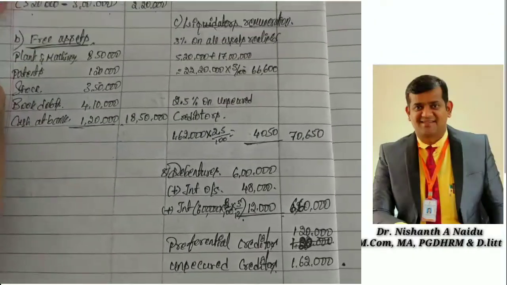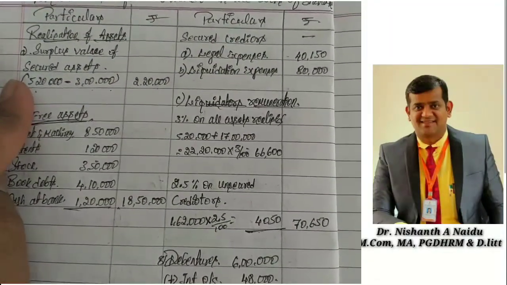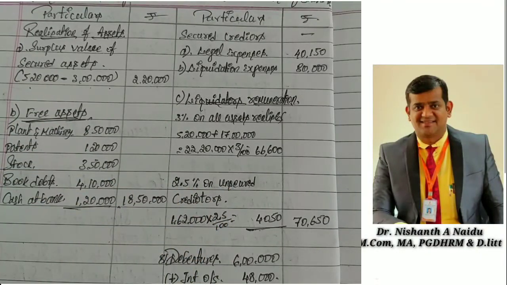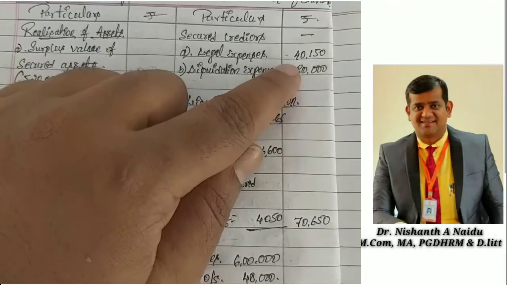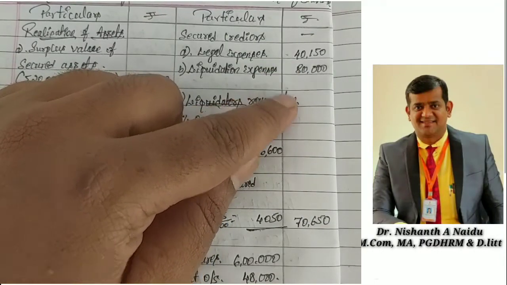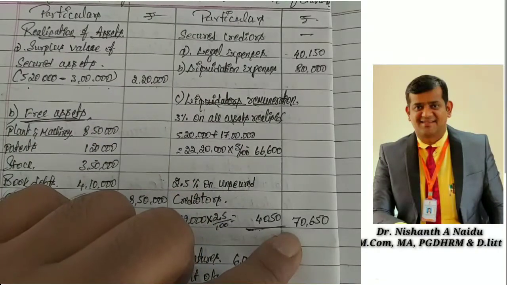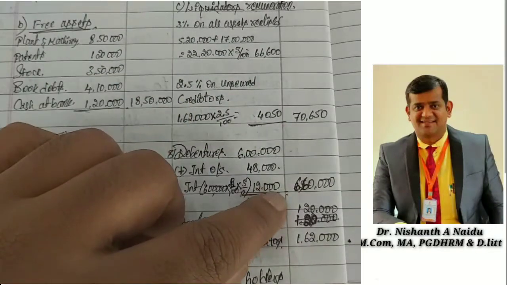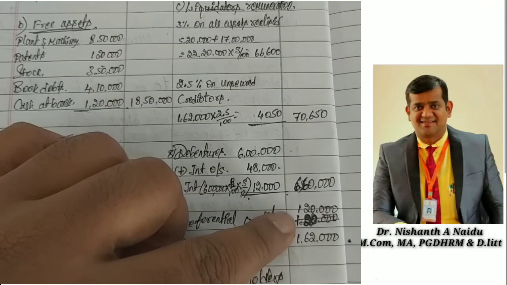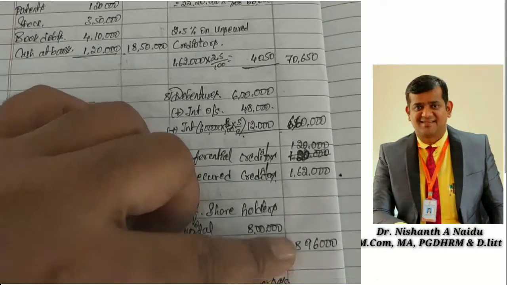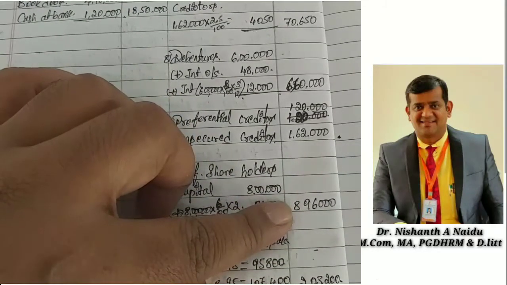After that we have to deduct all the payments we have made from 20,70,000: minus 40,150, minus 80,000, minus 70,650, minus 6,60,000, minus 1,20,000, minus 1,62,000, minus 8,96,000.